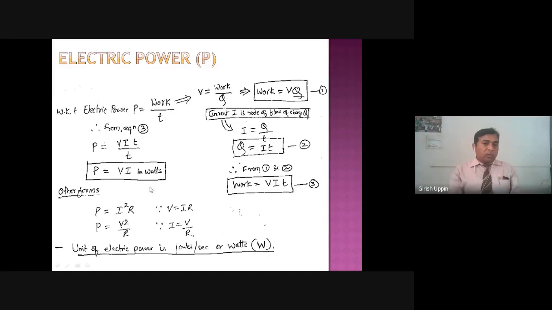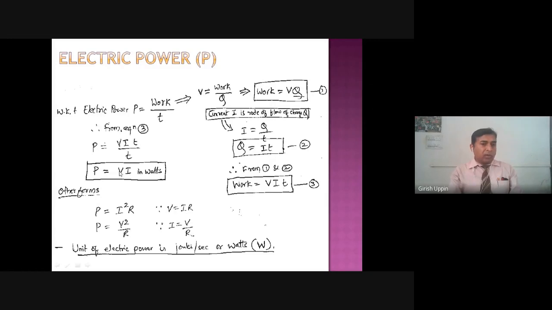We know Ohm's law, right? Ohm's law gives the relation between V, I and R. V is equal to IR. If I replace V and I in terms of Ohm's law, I will get another two flavors. One flavor of the power equation is P is equal to voltage into current. Suppose I replace the V using Ohm's law.